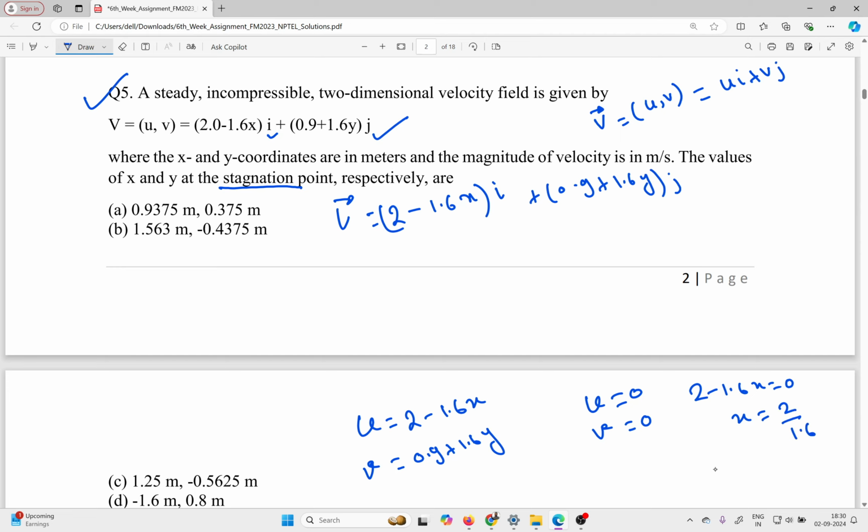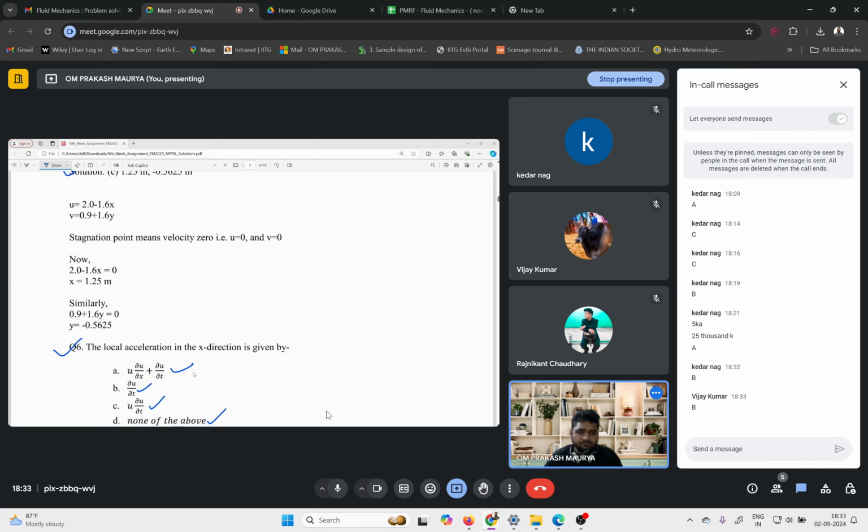Kedarnag is telling option B. What is your view on this question? Okay, Vijay Kumar is telling option B. Rajnikant is telling option A.